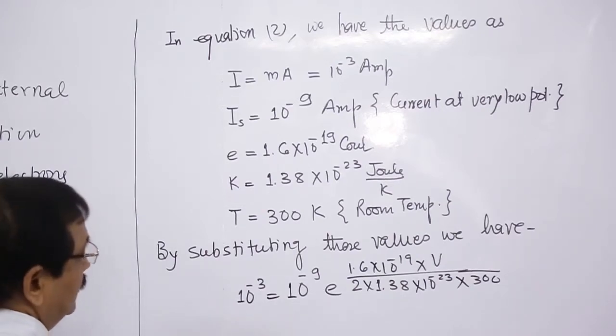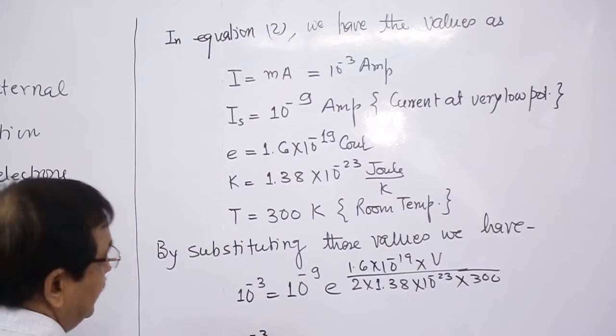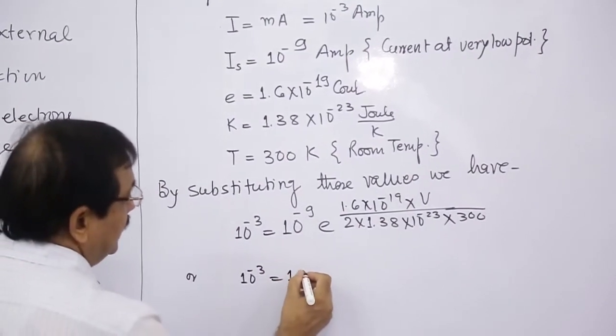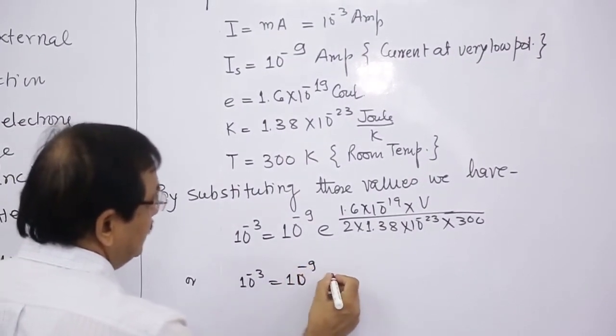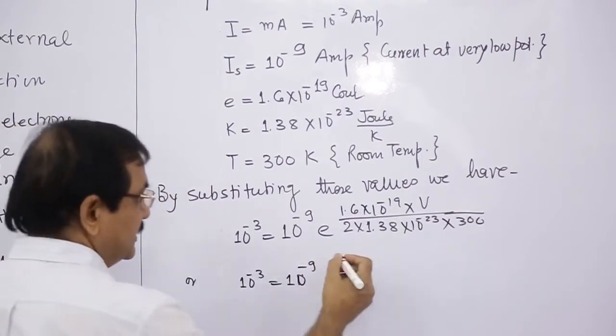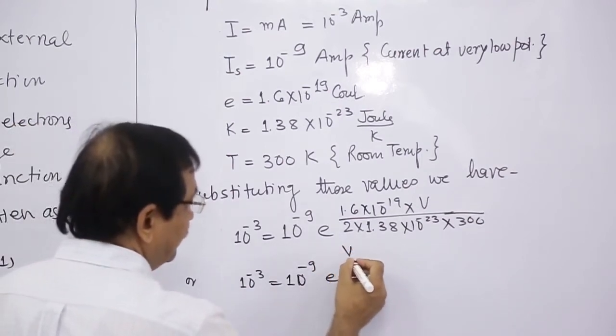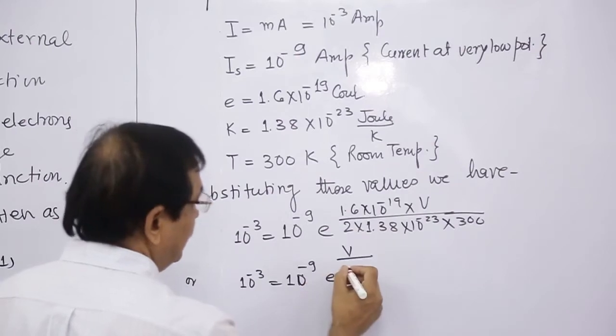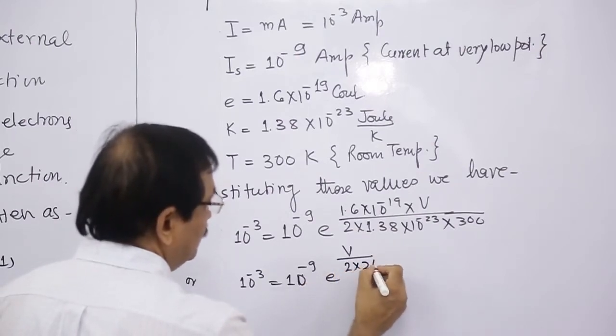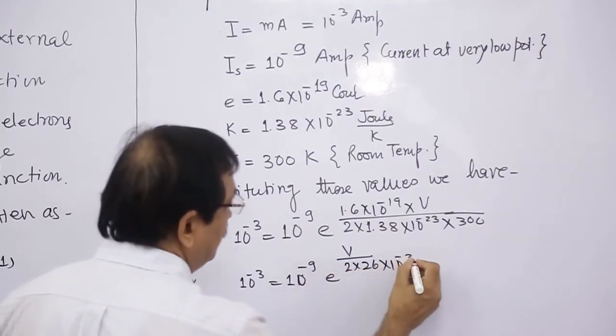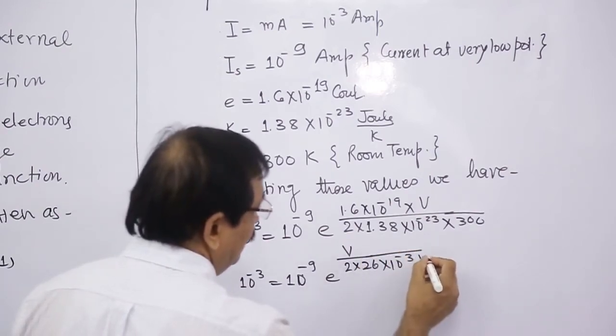Or this is 10 to the power minus 3 is equal to 10 to the power minus 9 e raised to the power V upon 2 into 26 into 10 to the power minus 3 volt.